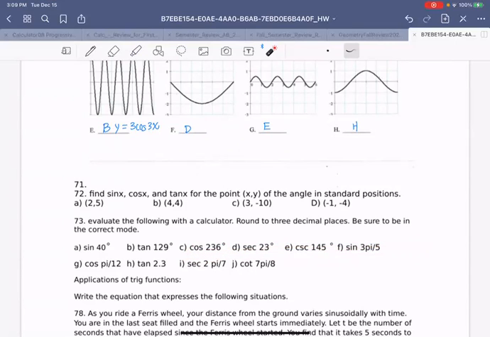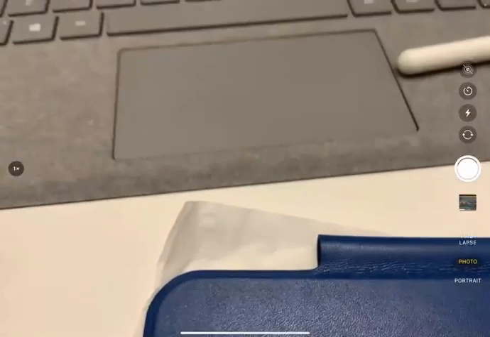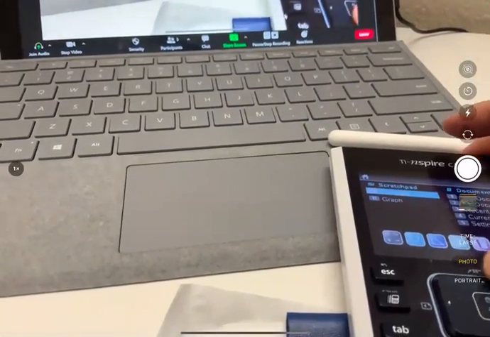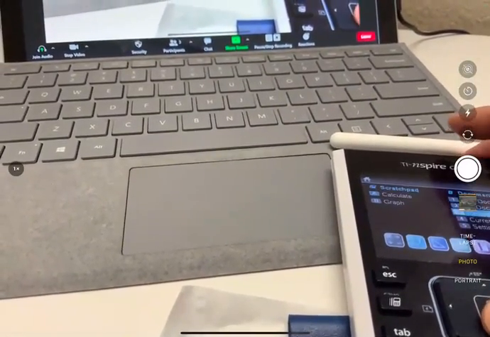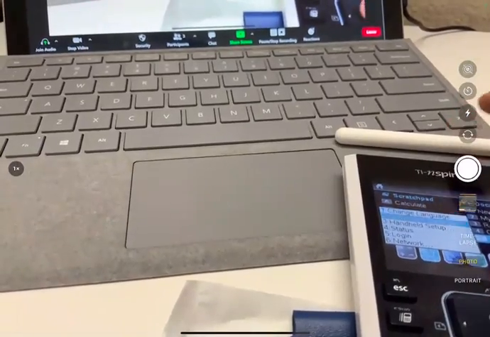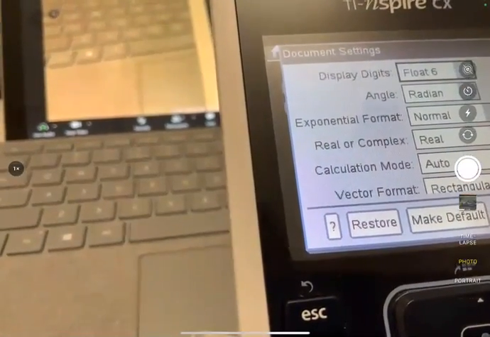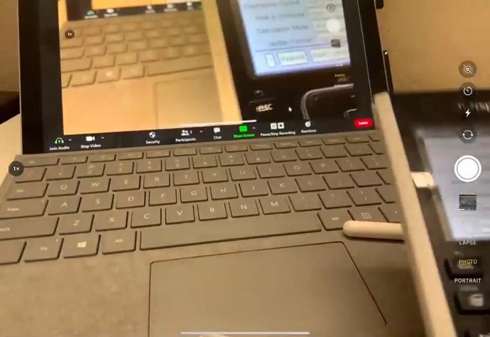Let me show you my calculator. I'm going to make my calculator stay in radian mode. So here, I make the angle just in radian mode.